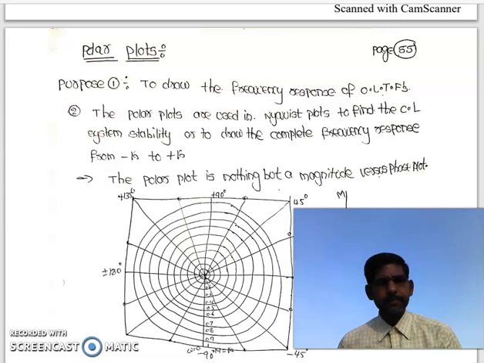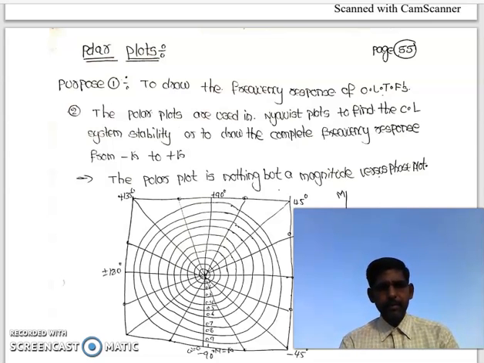Polar plot is nothing but drawing a plot of magnitude versus phase, whereas in Bode plot we draw magnitude versus frequency, and for the phase plot, phase versus frequency.